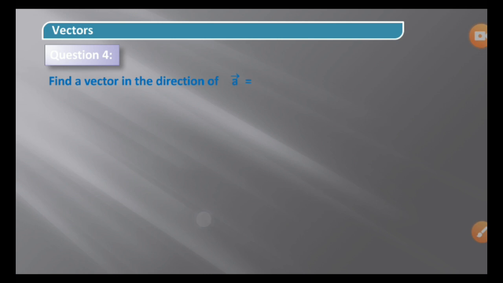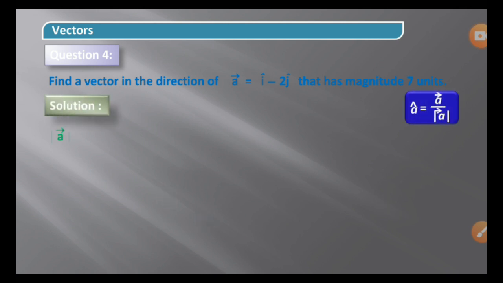Now one more example. Find a vector in the direction of vector A equal to i minus 2j that has magnitude 7 units. Once again the same type of example. Here we consider the magnitude of vector A, that is the square root of 1 square plus 2 square, so this will be equal to square root of 5.